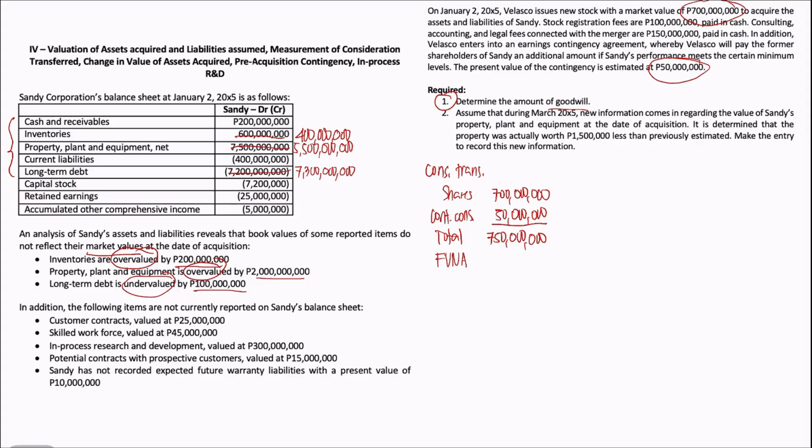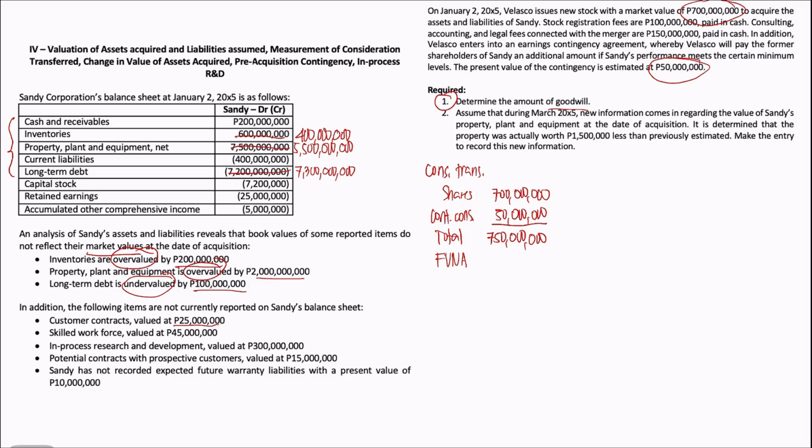The following items are not currently reported on Sandy's balance sheet. Customer contracts valued at $25 million. Under normal accounting, customer contracts do not qualify for asset recognition. However, under accounting for business combinations, we can already recognize customer contracts as asset.